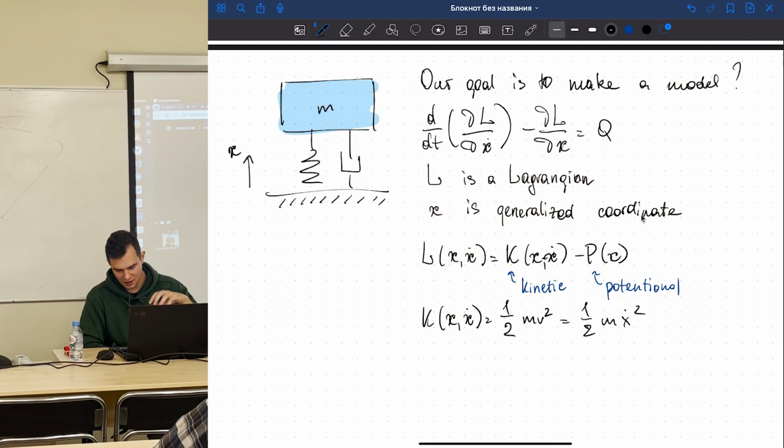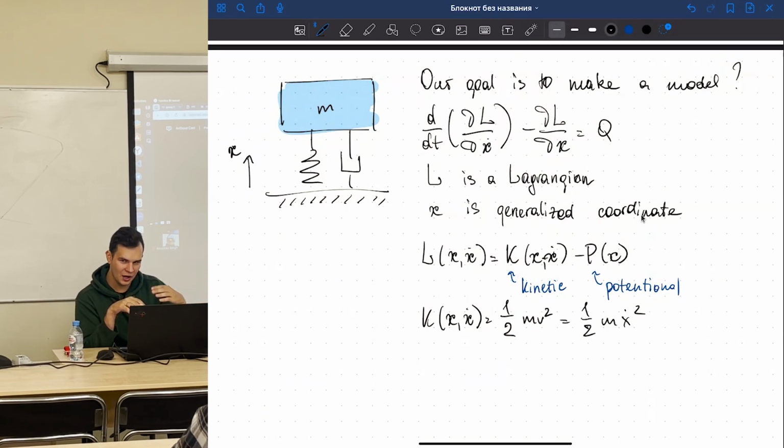His idea was that it's not 1/2 m times v to the power of 2, that the correct equation would be mass times velocity to the power of 2.